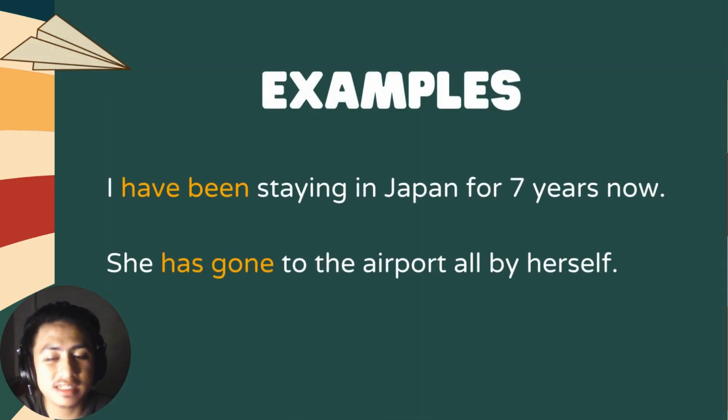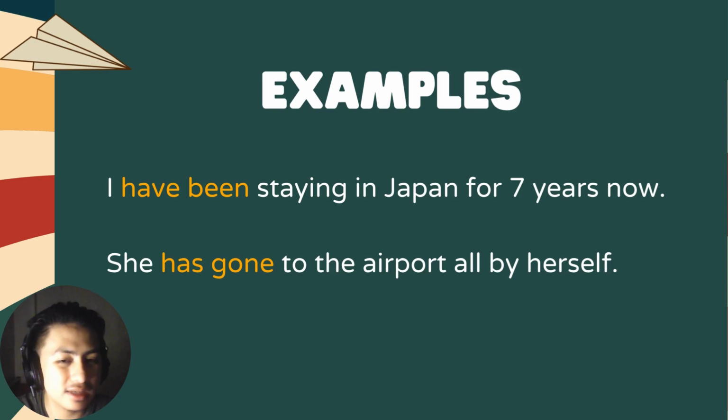Okay, so the first example. I have been staying in Japan for 7 years now. I is the subject. Have is the auxiliary verb. Been is the past participle of be. So, as you can see, I is considered a special case, because it is followed by have and not has, while a singular subject should always be followed by has.